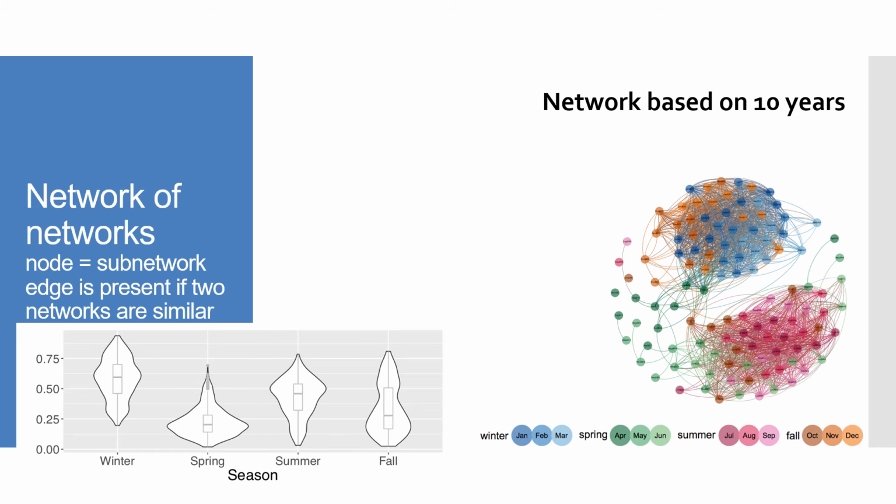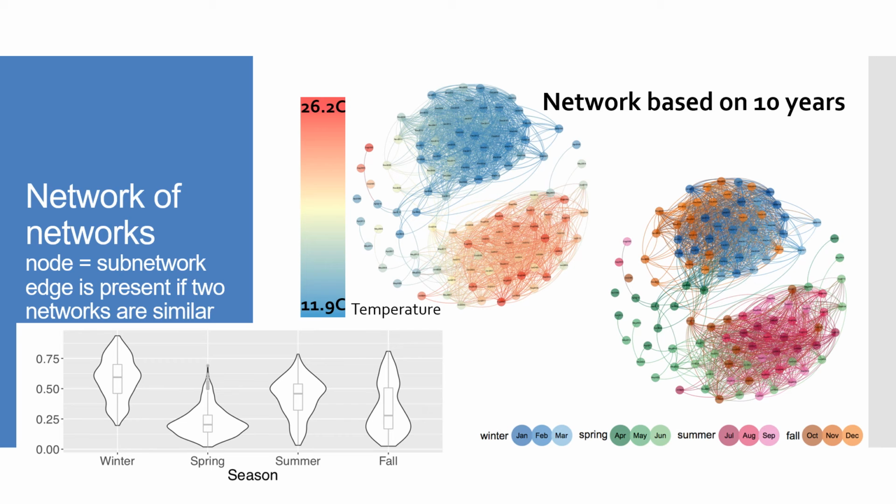We can use the network similarity scores to construct a network of networks. Each node represents one of the subnetworks you saw in the video. And if two nodes are connected, it is because they are similar according to their edge set. Since each node is one sample-specific network, we can map environmental data.